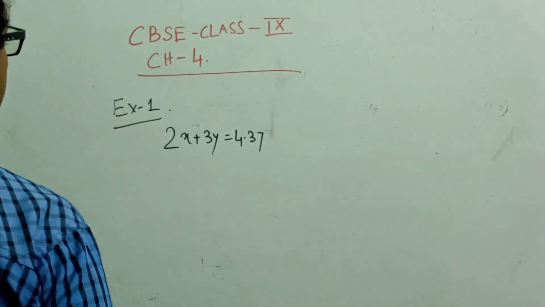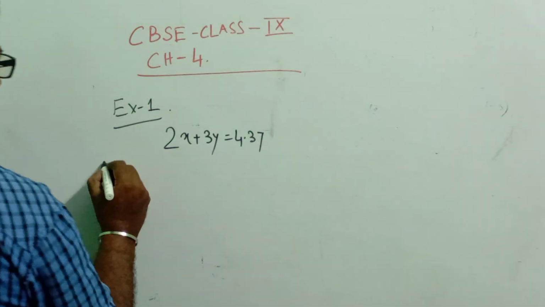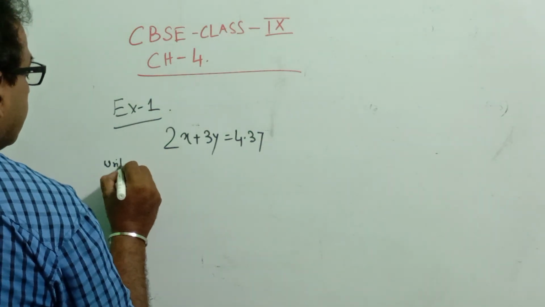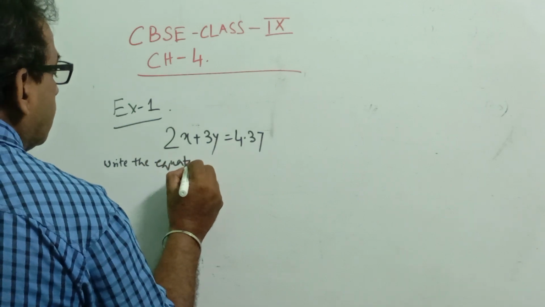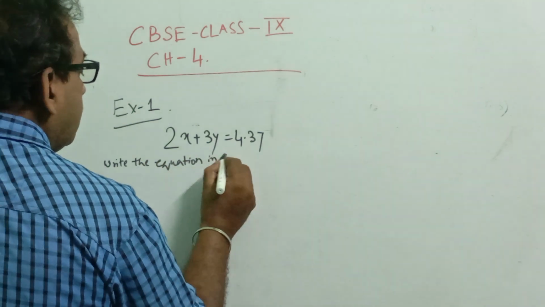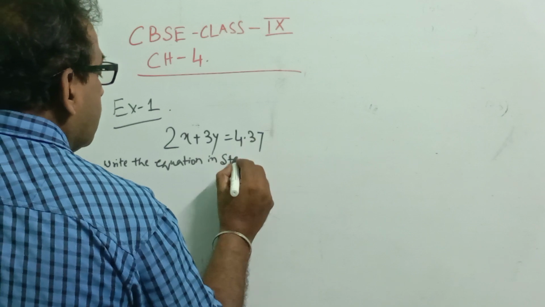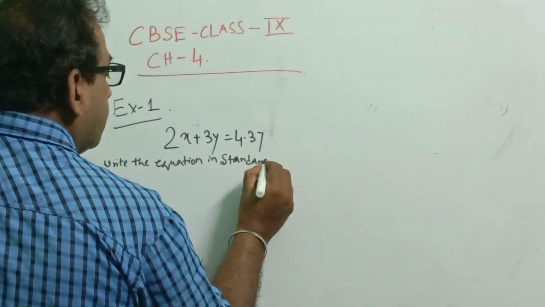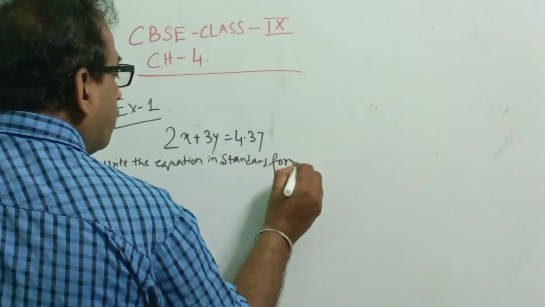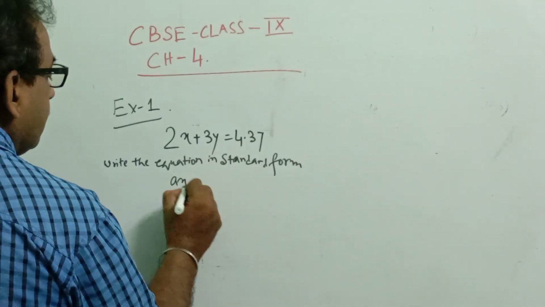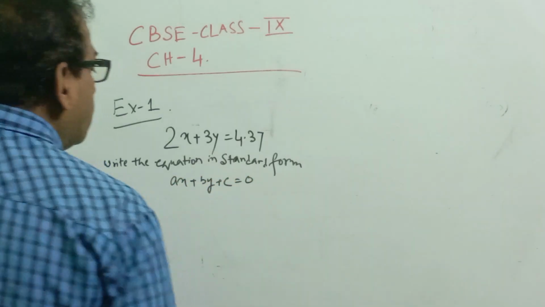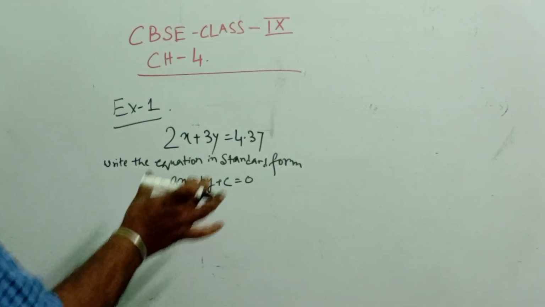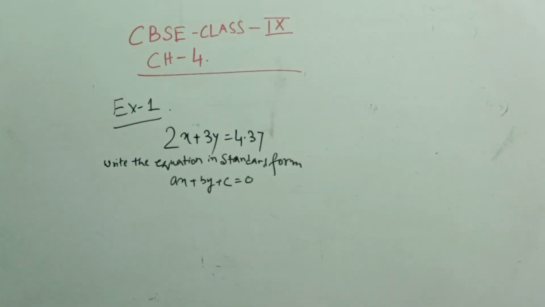Clear? Now you write the equation in standard form, that is ax plus by plus c is equal to 0. Now see that this equation is not in the standard form.